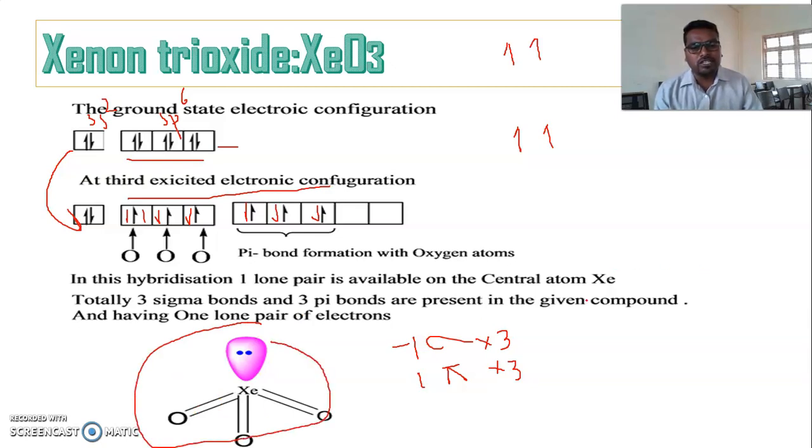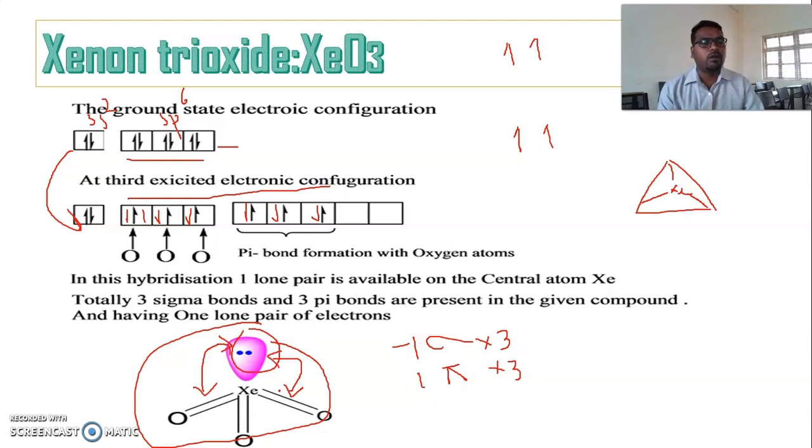And the expected geometry in this case is trigonal planar. So xenon must be present at the center of the triangle, and 3 oxygens should occupy the 3 corners. But due to the presence of a lone pair of electrons, lone pair-bond pair repulsion, you must know the difference between lone pair and bond pair.